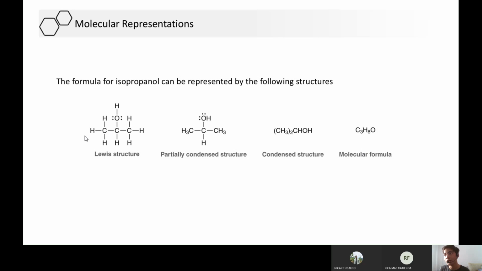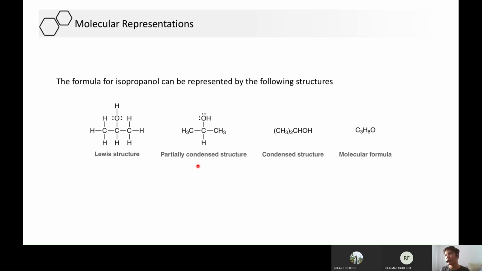We can see that all these hydrogens are bonded with the carbons here, and the oxygen is bonded with hydrogen. The lone pairs of oxygen are also there, preserved. So Lewis structures give us an idea of which atom is bonded to what.